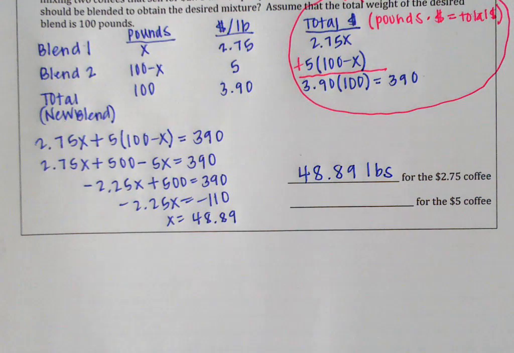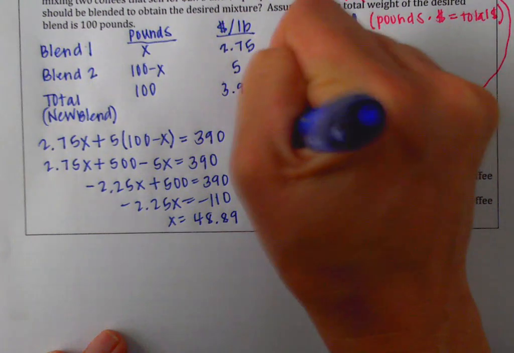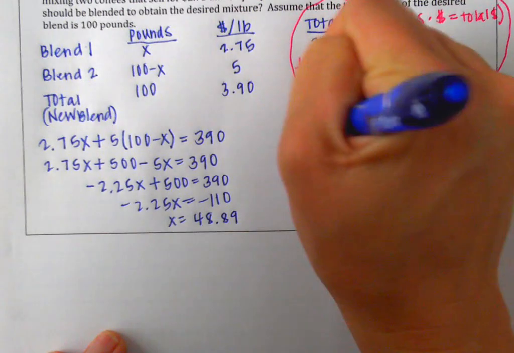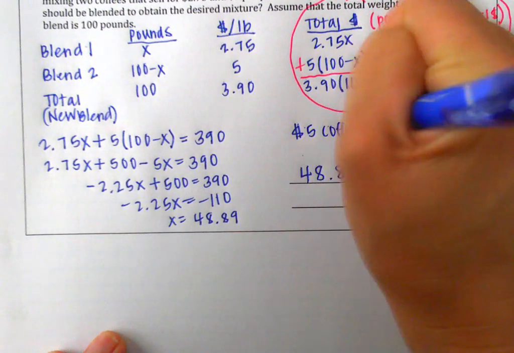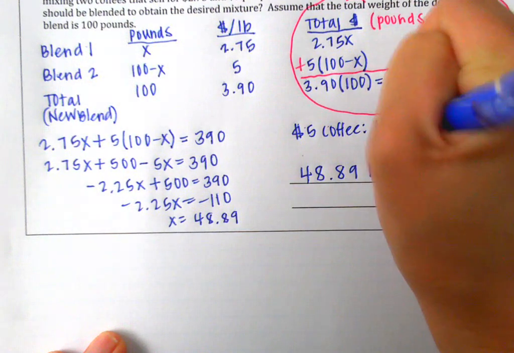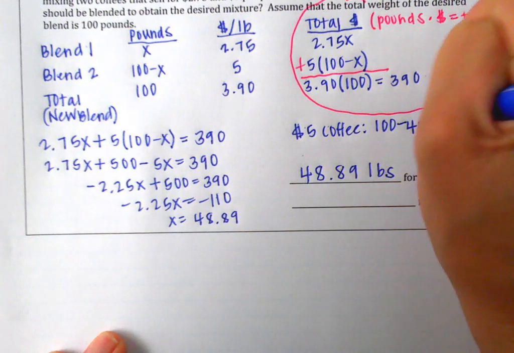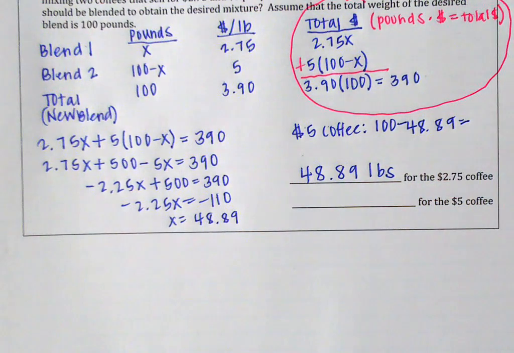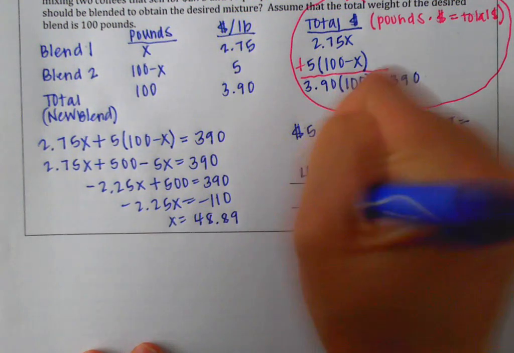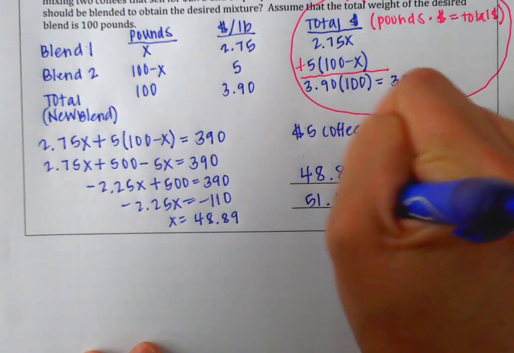So then how many pounds are we going to put in for the $5 coffee? Double that. Not double that. It was so close. 100 minus 48.89 gets me 51.11 pounds.